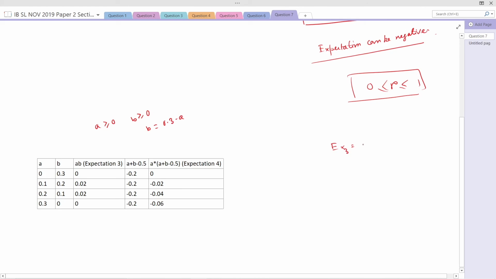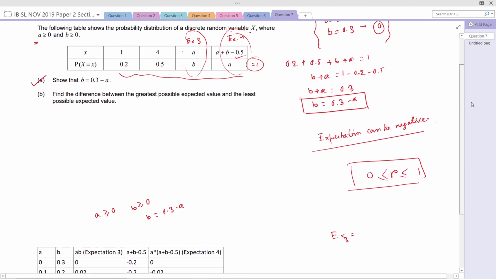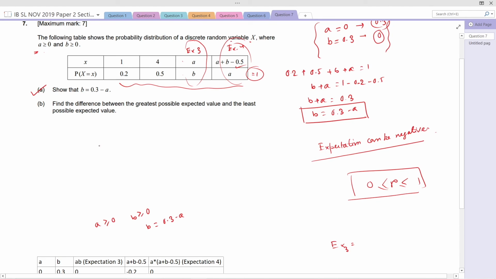Okay, now just these expectations: 1 into 0.2 is basically 0.2, 4 into 0.5 is 2.0. So this is the greatest possible.